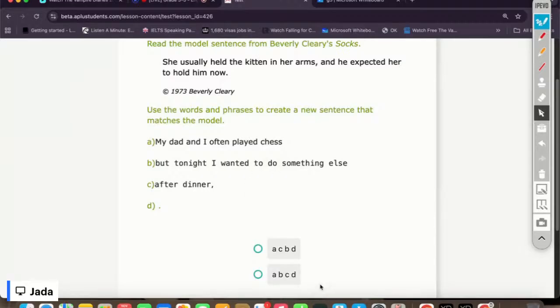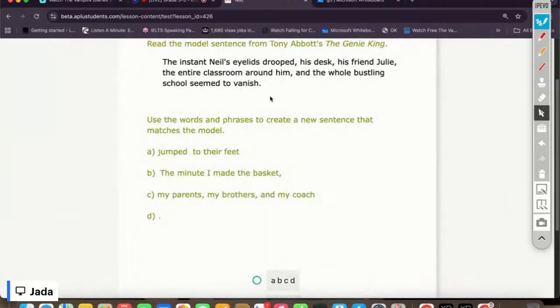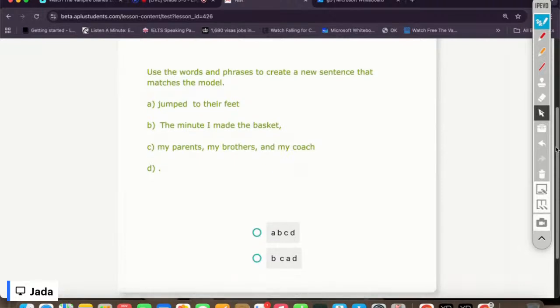Okay, so we have: My dad and I often play chess, but now I wanted to do something else. The instant Ali dropped his desk, his friends and the entire class rallied around him, and the whole bustling school seemed to vanish. First or second, which is the right one here?